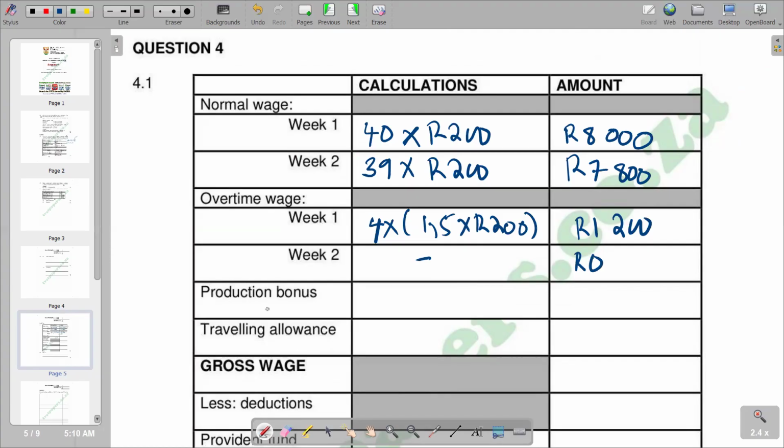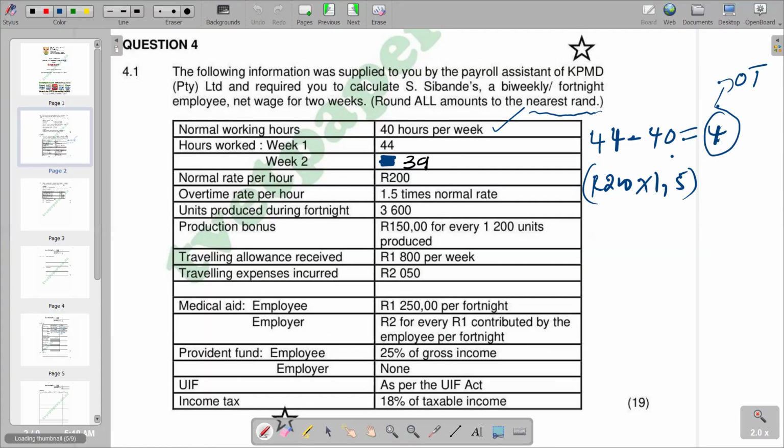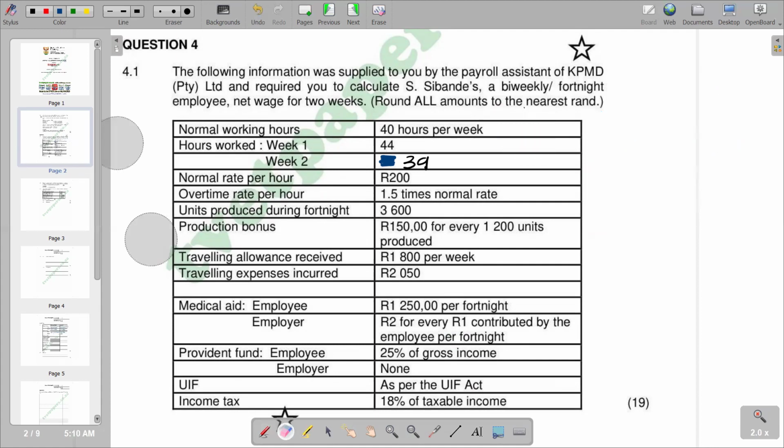Then we go to production bonus. On production bonus, we also have information that we are given concerning our production bonus that we need to go through. So if you come here, you see that for production bonus, we are given 150 rands for every 1,200 units produced.